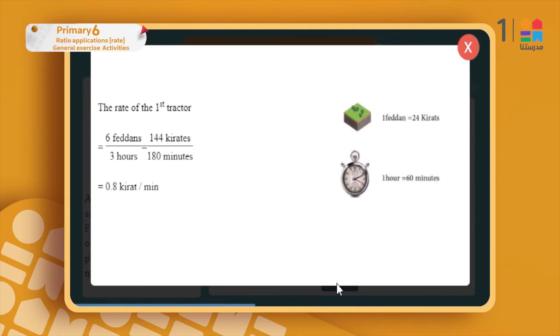And 3 hours equals 3 times 60, which equals 180 minutes. So the rate of the first tractor equals 144 kirats over 180 minutes. This equals 0.8 kirat per minute.